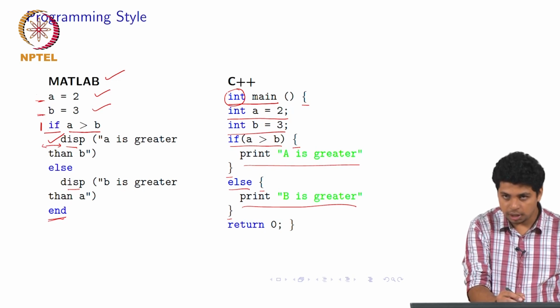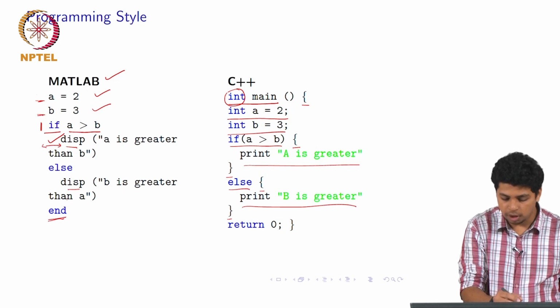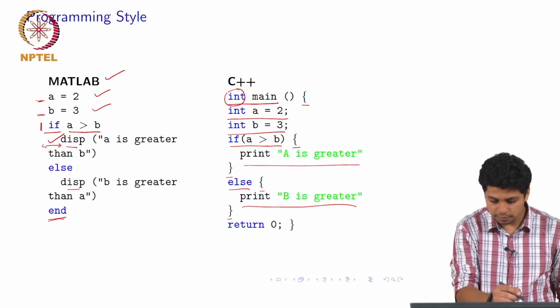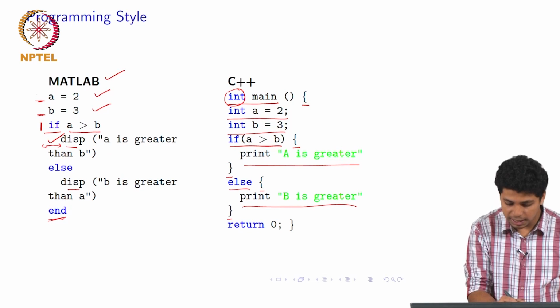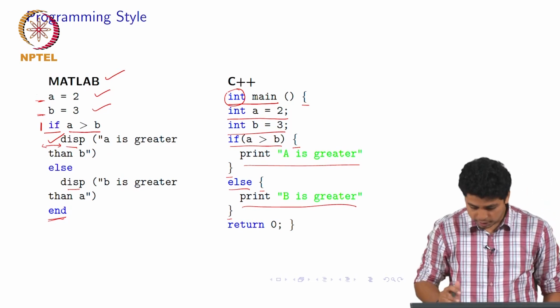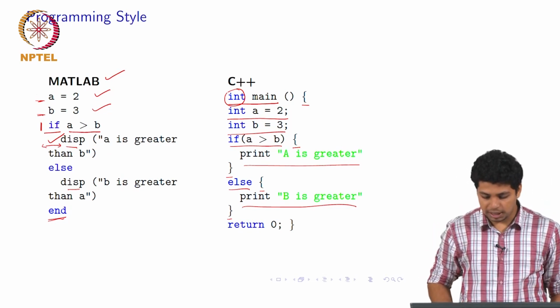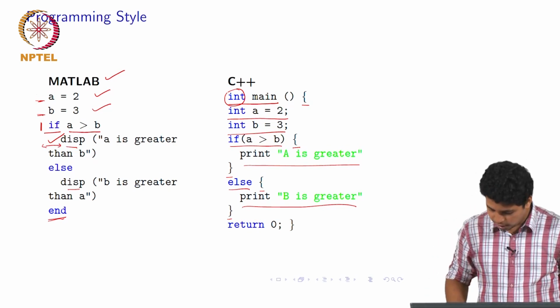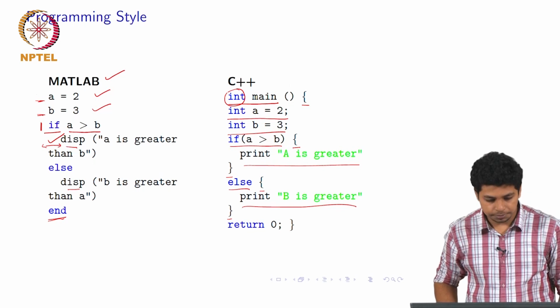This is how conditional statements, or any statements, in MATLAB work. You don't have to put brackets, you just have to indicate an end to your if condition. That's the difference between C++ and MATLAB, and as it turns out, these differences actually help us a lot. We'll discuss how exactly that happens.